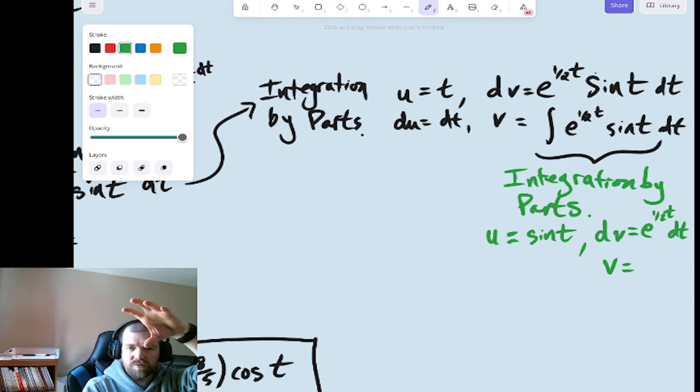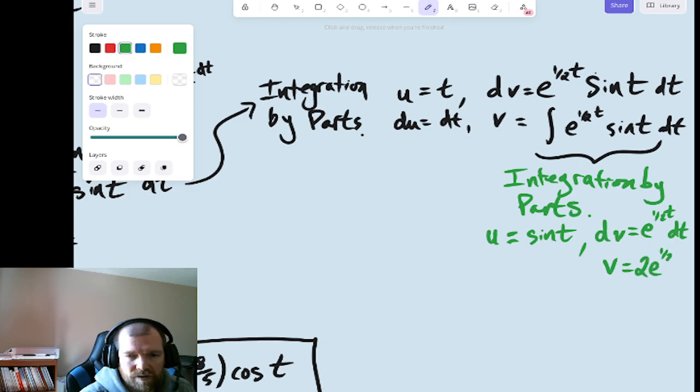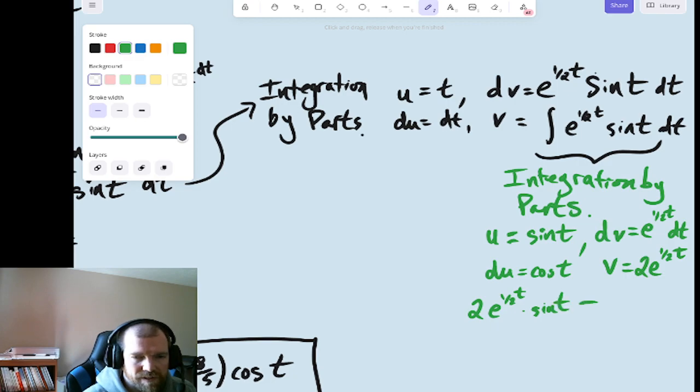So v is 2 e to the 1/2 t. And du is going to be cosine of t. So that says that our original is now going to be uv, 2e to the 1/2 t times sine of t, minus the integral of v du, which is 2e to the 1/2 t cosine t dt.